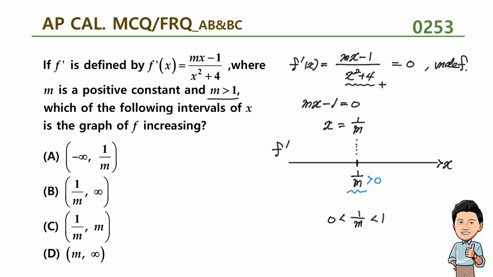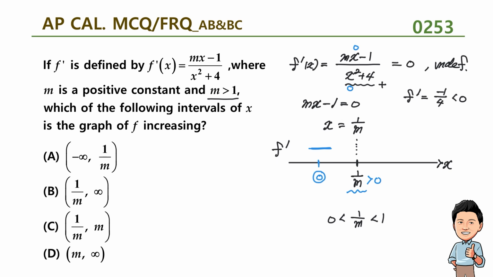So we're going to substitute a value that is less than 1 over m. Let's just put 0 for x. So what's f prime then? f prime is equal to negative 1 over 4, which is negative, right? So this interval is negative.